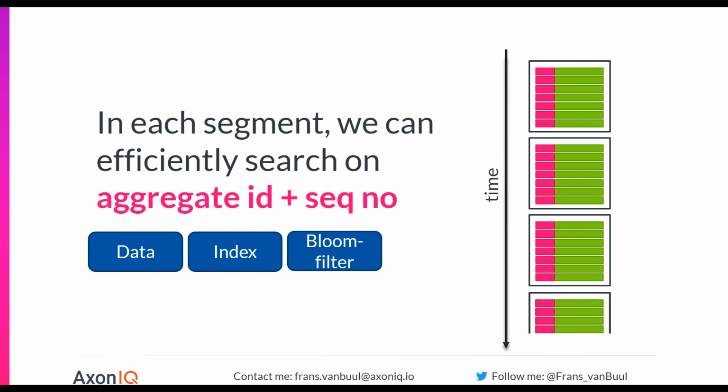So it's not a perfect set, but it's extremely fast and has a limited size, so it's easy to keep. Whenever we read data or try to find events for a particular aggregate, we first check the Bloom filter. If it says maybe there, we check the index, and then we access the actual data. And this makes it really fast for this use case.